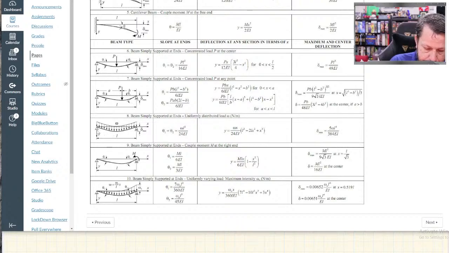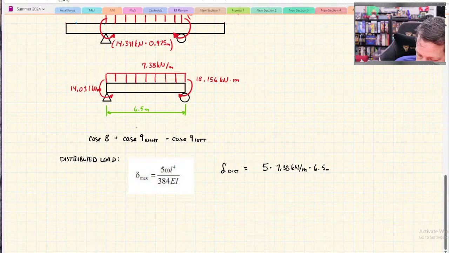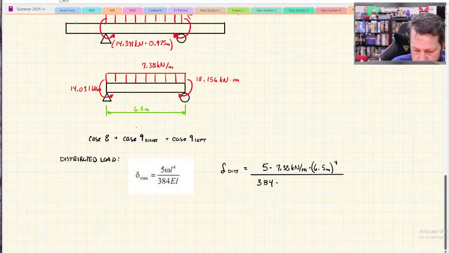L is the distance from the pin to the roller, which is 6.5 meters raised to the 4th. That's the numerator. The denominator is 384 times E. We haven't gotten E.